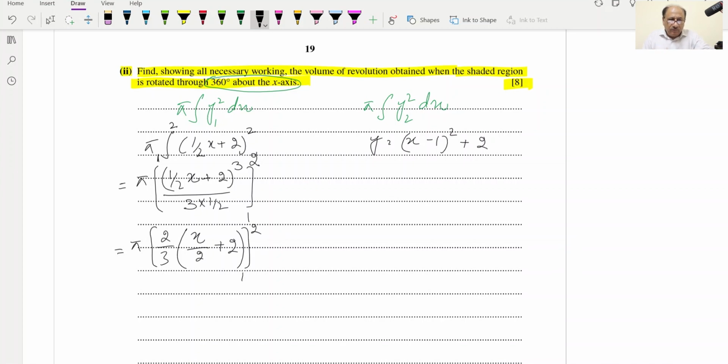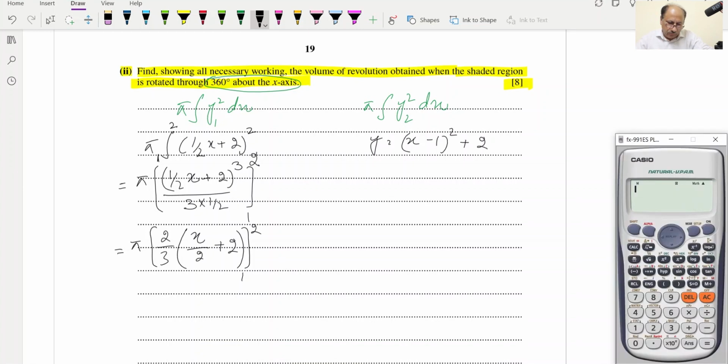Now for the integral limits, we can type this equation directly also: 2 over 3, and inside the bracket x over 2 plus 2, bracket close, and we can calculate for x is equal to 2, and this will be equal to 2.